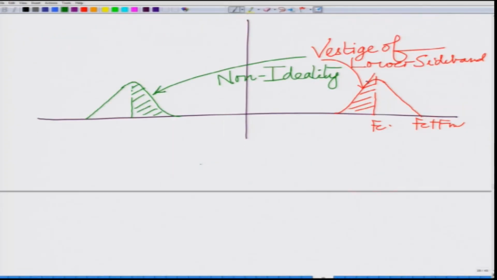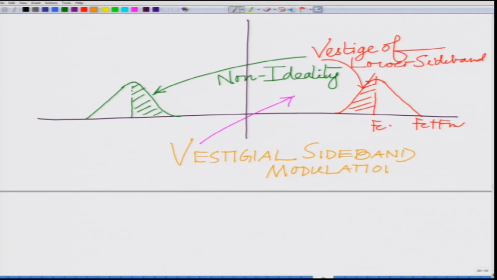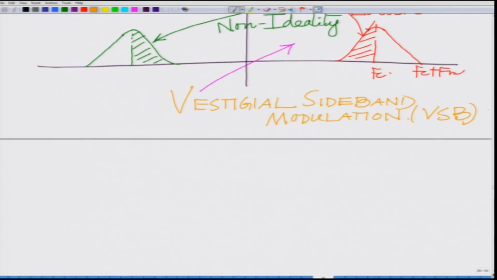So this signal is termed, let me write it in bold, this signal is termed your vestigial sideband, VSB, which contains a vestige of the other sideband.